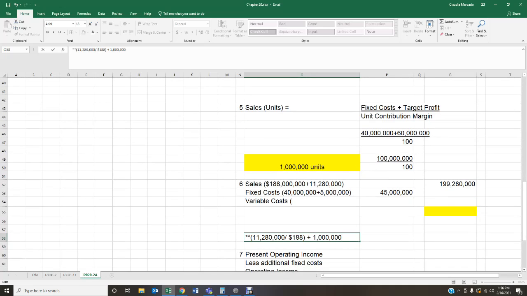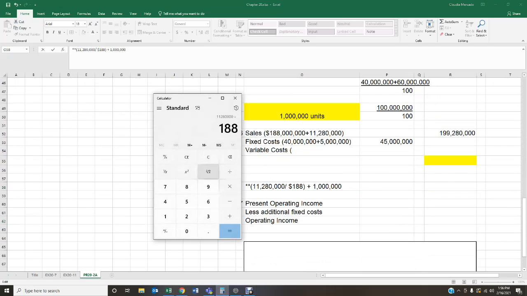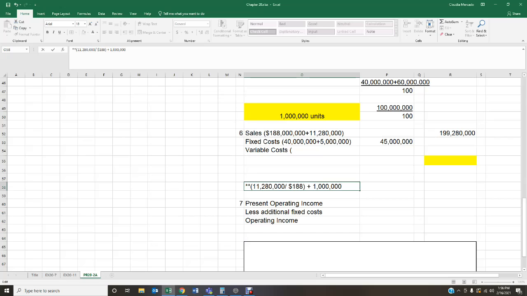Okay, and then let's see what we get in our calculator. 11,280,000 divided by 188 plus 1 million. That gives me 1,060,000 units.